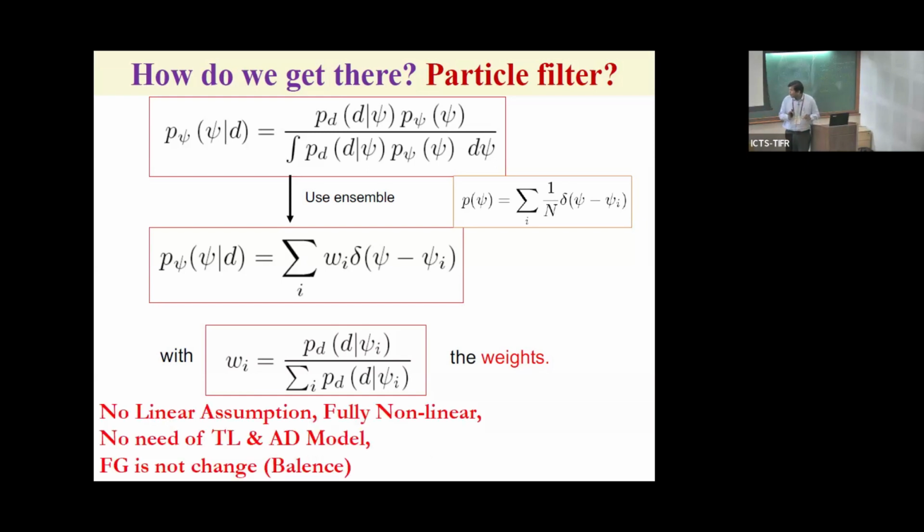Now in this framework, nowhere do we assume any linear assumption, or any requirement like generating a tangent linear model of a full nonlinear model, which is a very big piece of work, because writing a linear physics for nonlinear cloud physics itself is a very big problem.